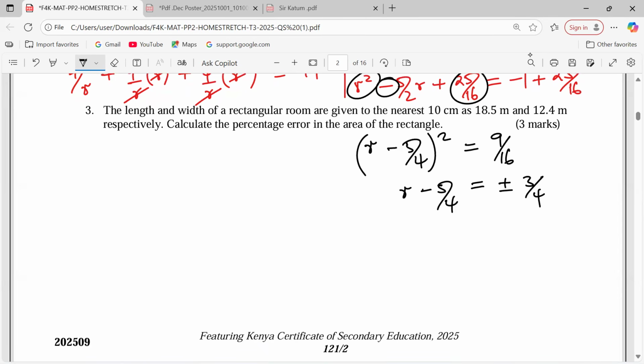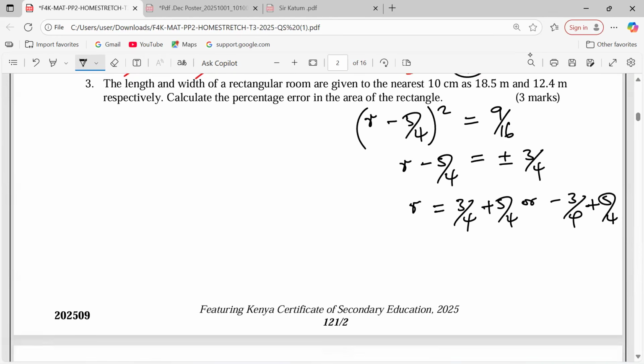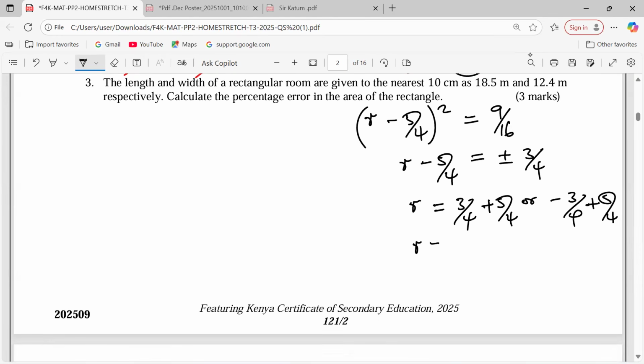That way. And how will you get the value of r? We can start with the positive value of the square root, 3 over 4 plus 5 over 4, or negative 3 over 4 plus 5 out of 4. That's all. So now we can get the exact values of r. This is going to be 8 over 4, which is 2, or 2 out of 4, which is half.